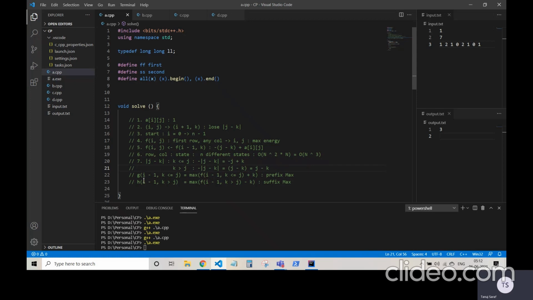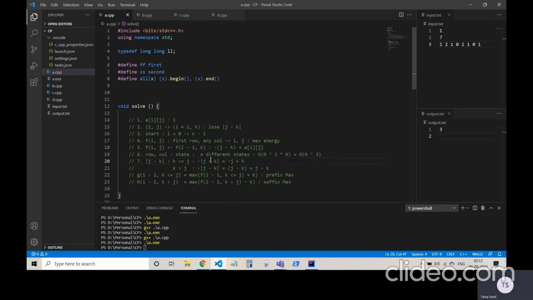So let's go over it once again. We have to take a prefix maximum where g of i minus 1 comma k, where k goes only till j, and we have to find the value of this function for all j. For a particular j we get this value as the max of f of i minus 1 comma k, k less than or equal to j, plus k, accounting for the case when we are losing energy.